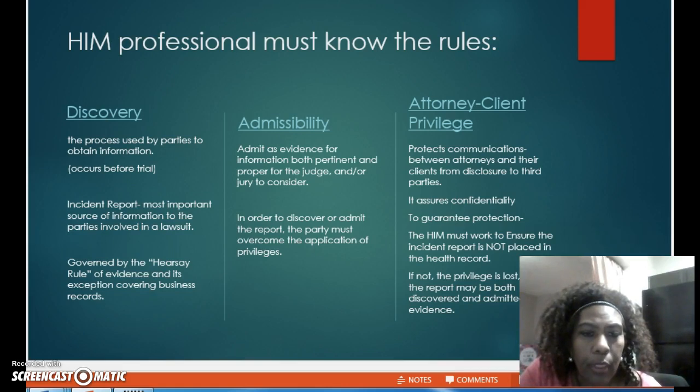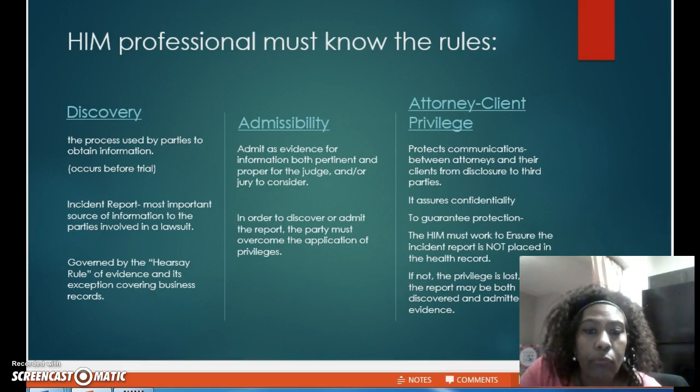The incident report is the most important source of information to the parties involved in a lawsuit. And it's governed by the hearsay rule of evidence and its exception covering business records. So it is covered by the hearsay rule.